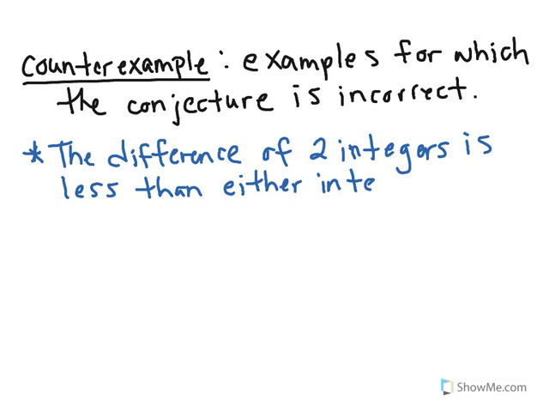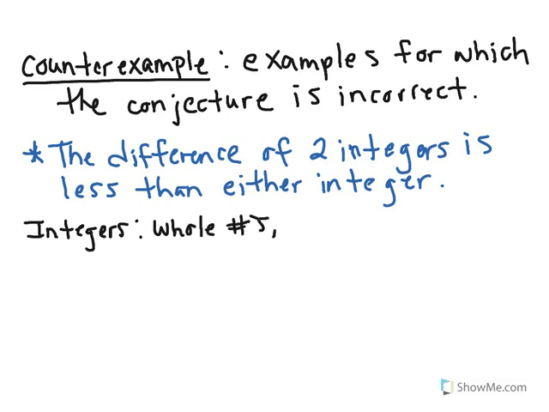And you're not going to get very far in this problem if you don't know what an integer is. So let's refresh our memories real quick. Integers are whole numbers, positive and negative, and they include the number 0.